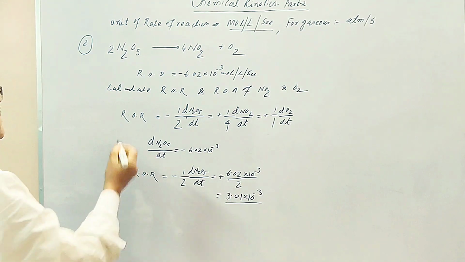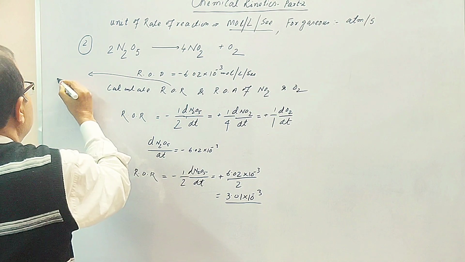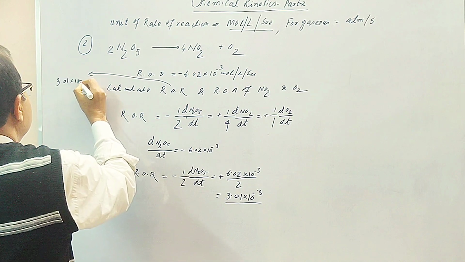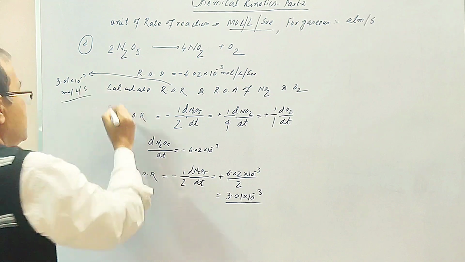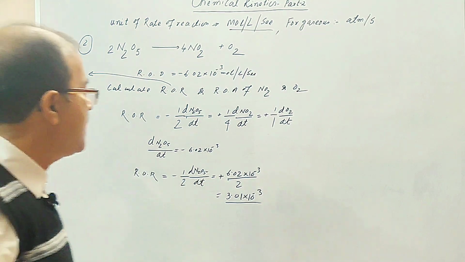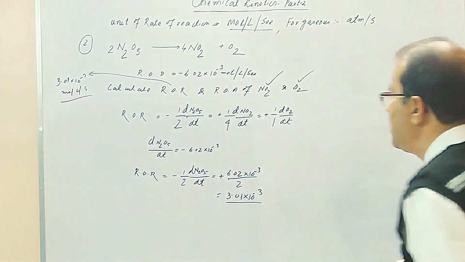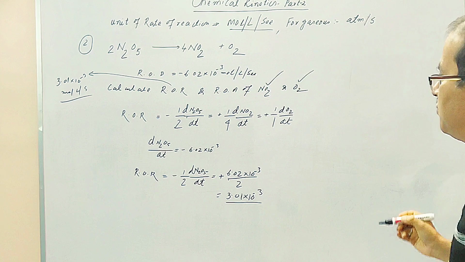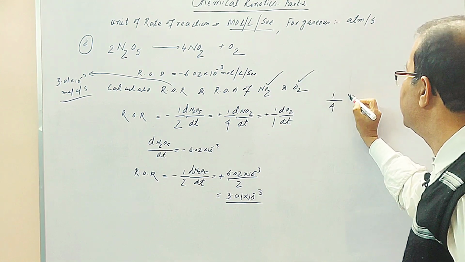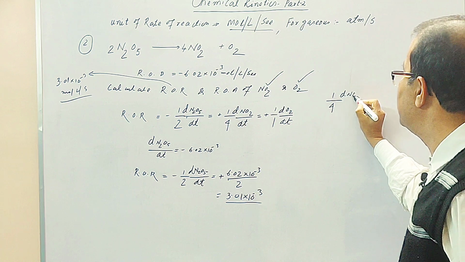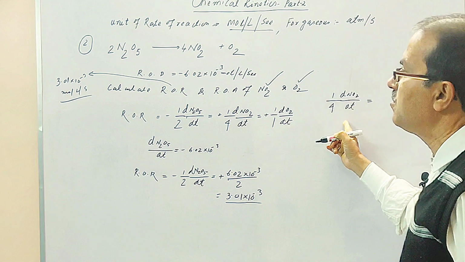So what is the rate of reaction? Rate of reaction will be 3.01 10 to the power minus 3 mole per liter per second. Now we have to calculate the ROA of NO2 and N2. For this, what we have to do? We know 1 by 4 d N2 by dt is equal to the rate of reaction.